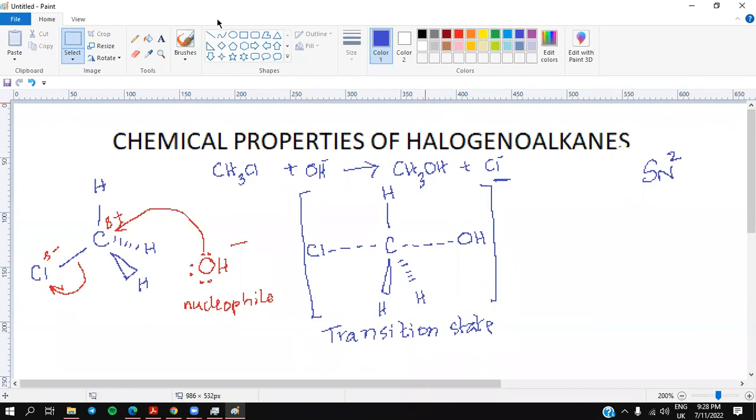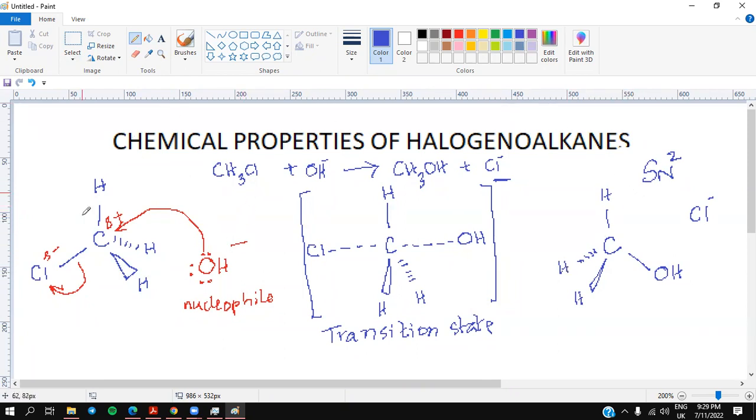And then what happens is chlorine goes out completely. Here's that chlorine. And the carbon atom forms a bond with OH. Here's that. And the 3 hydrogen atoms arrange around the carbon atom in the tetrahedral geometry. This is the end of the reaction.